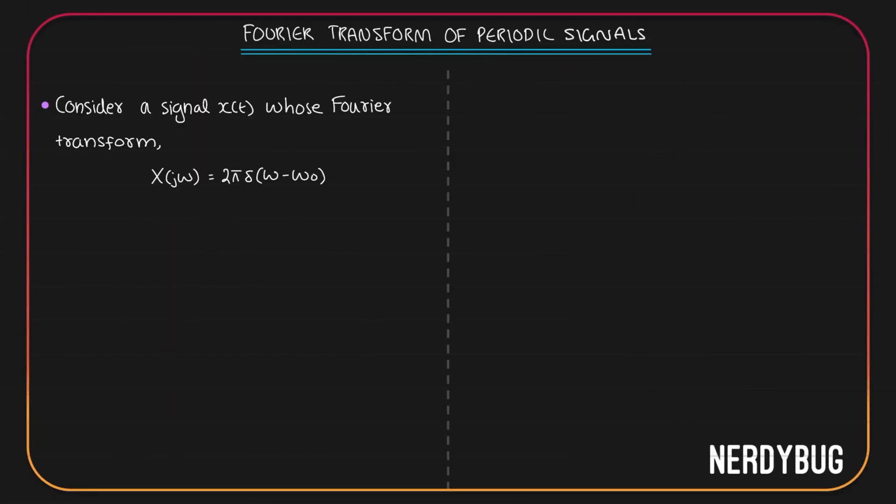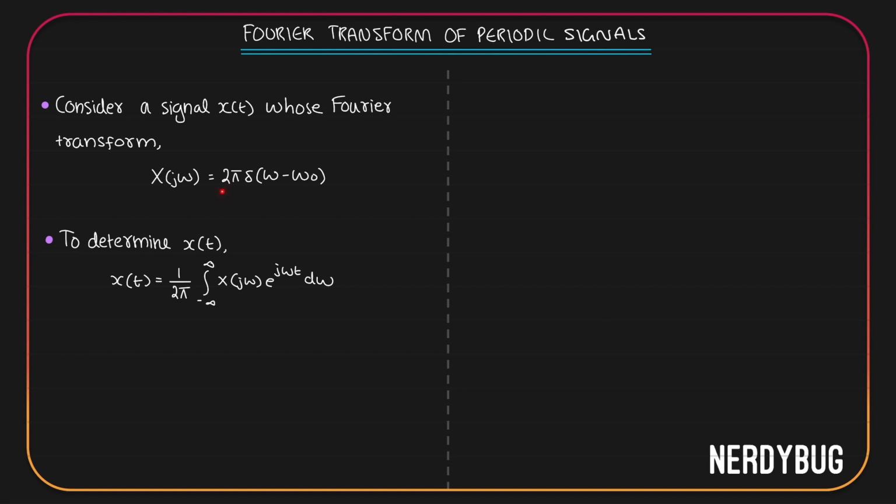To understand that, let us start by considering a signal x of t whose Fourier transform x of j omega is equal to 2 pi delta of omega minus omega naught. To determine the function x of t, we will use the inverse Fourier transform, by which we know x of t is equal to 1 by 2 pi integral from minus infinity to infinity x of j omega e raised to j omega t d omega.